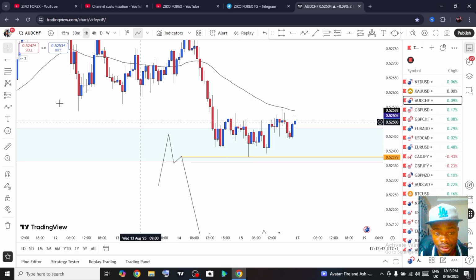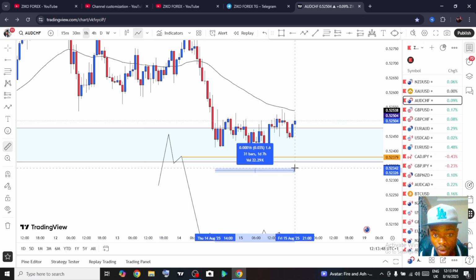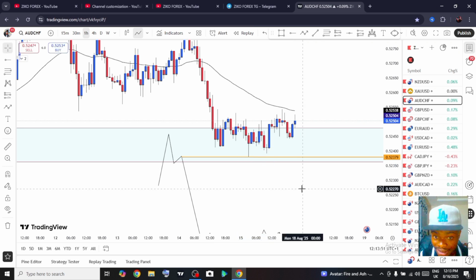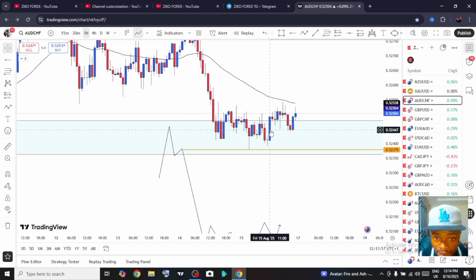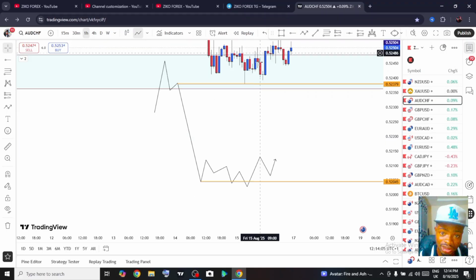Price came to this area and slowed down for 1 day and 7 hours without breaking this level, meaning that this level is strong, and we have had quite a lot of bullish momentum from this area trying to reject this area. So that's why we are going to be counting this break, making this market structure actually bullish right now, right?